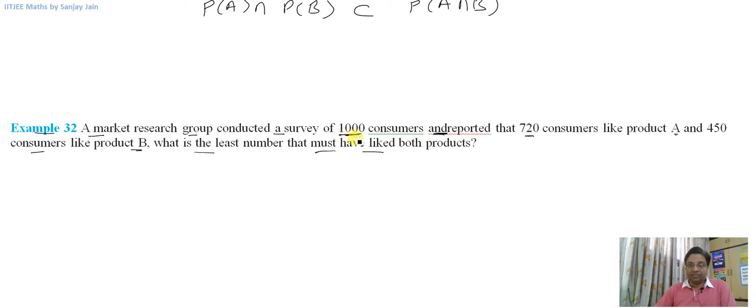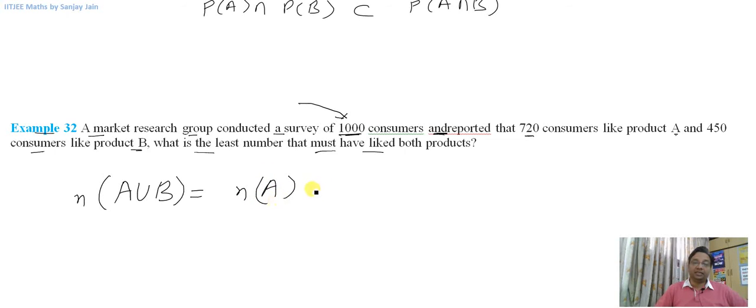Let us say all of these customers like at least one of the products A or B. If I take the number of elements in A union B, what will it be equal to? Number of elements in set A plus number of elements in set B minus number of elements in A intersection B.